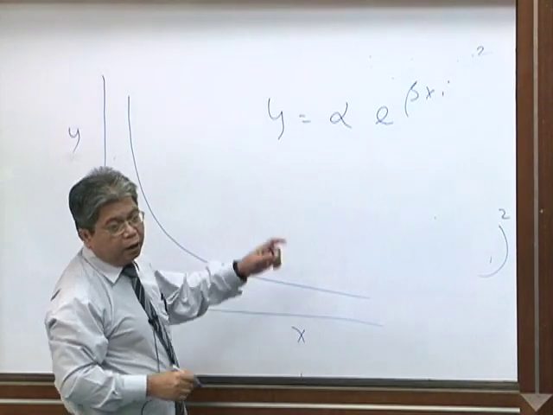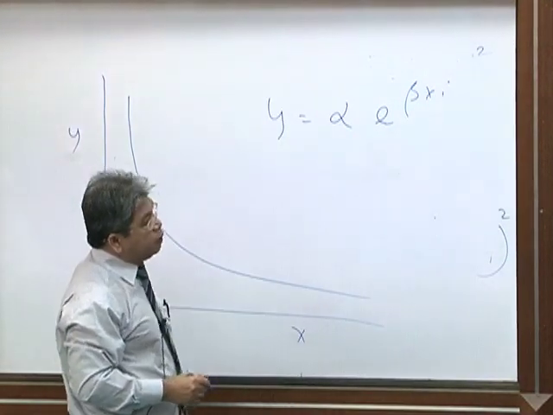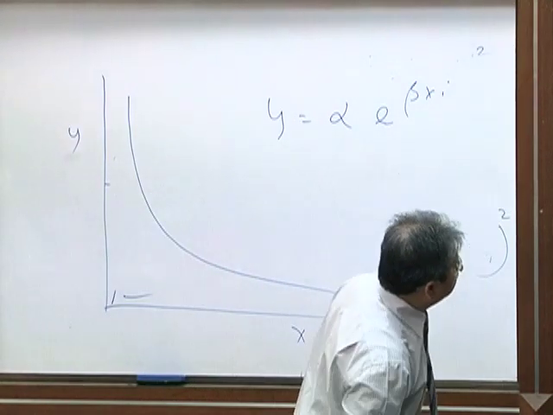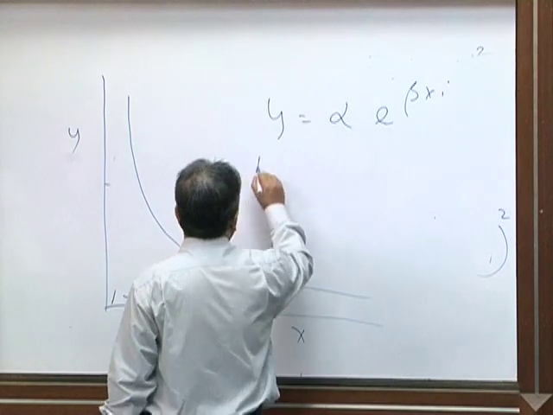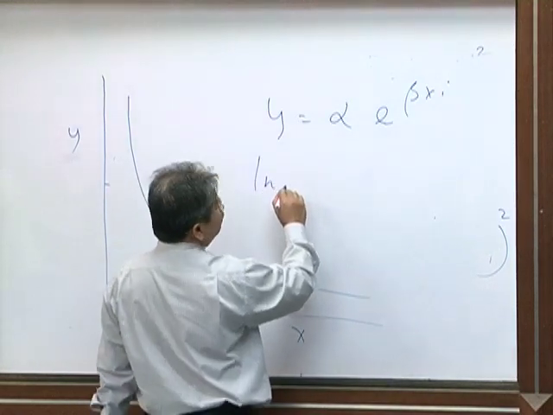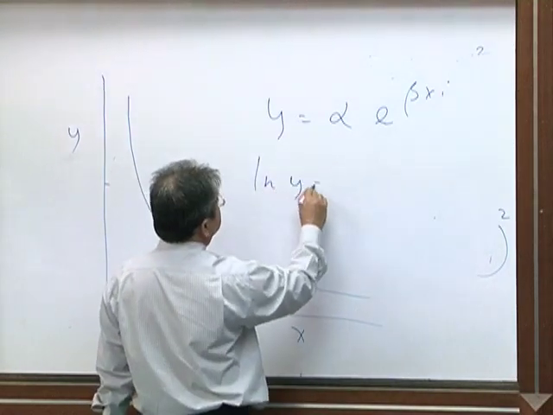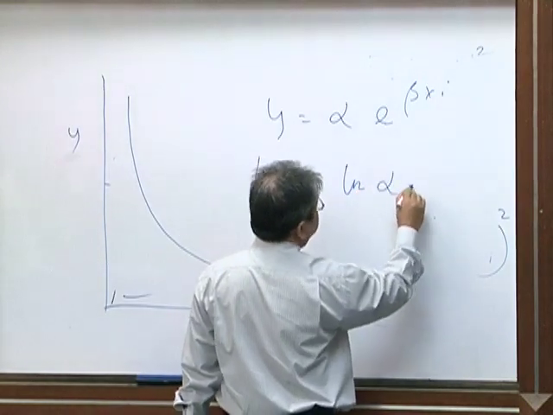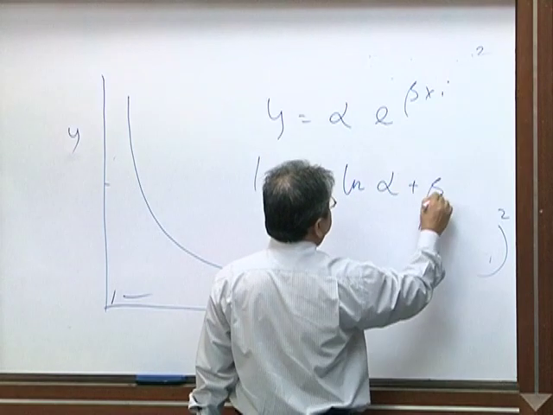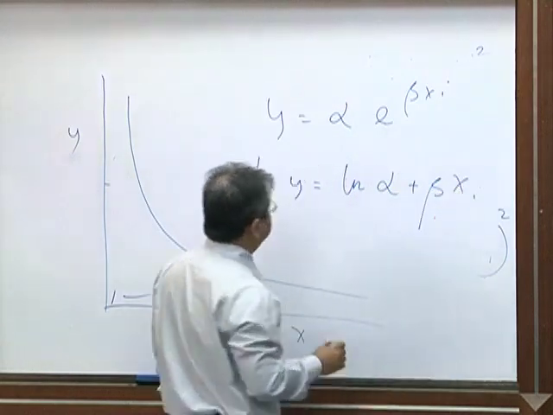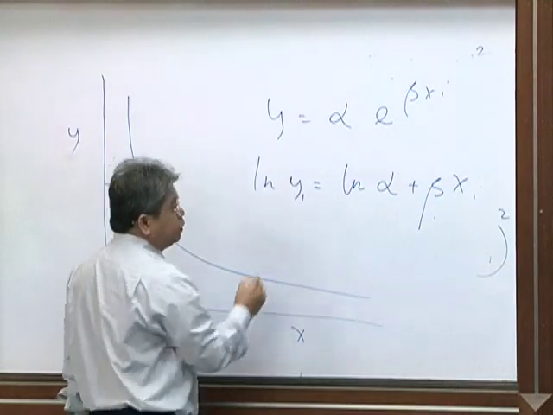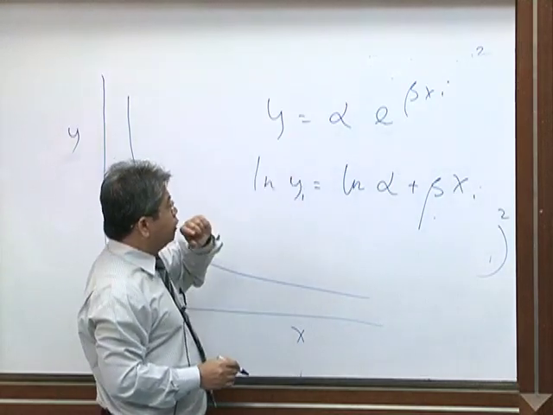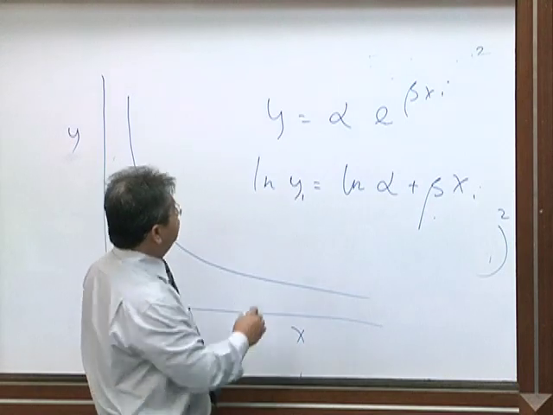By taking logarithm on both sides of the equation, we can linearize the function to become like this, ln y equals ln alpha plus beta x.